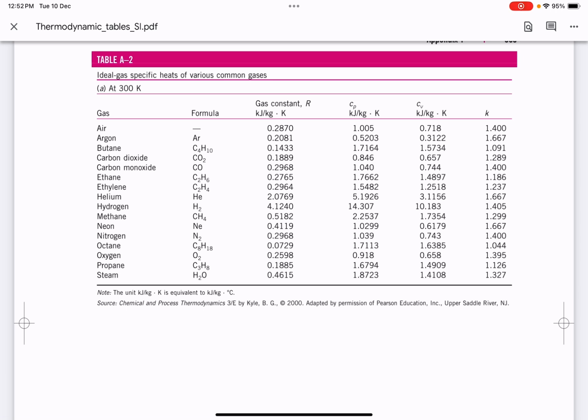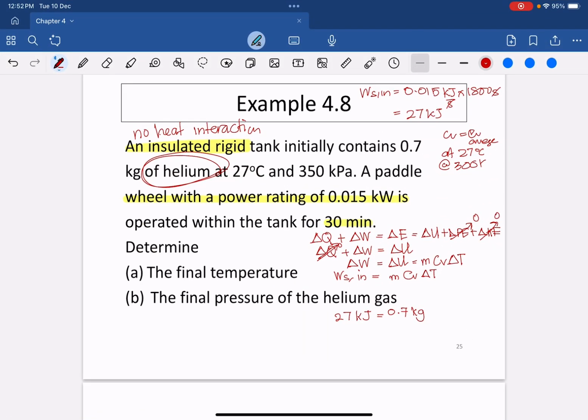So we take 3.1156 kilojoule per kilogram Kelvin times delta T. This gives us a delta T of 12.38 Kelvin.